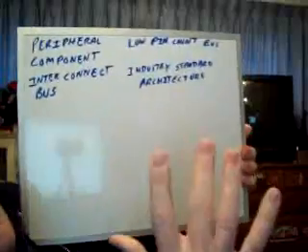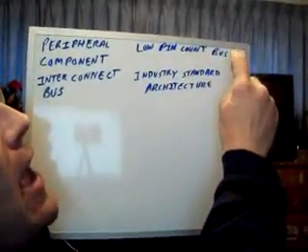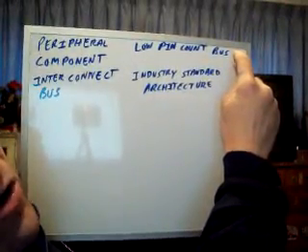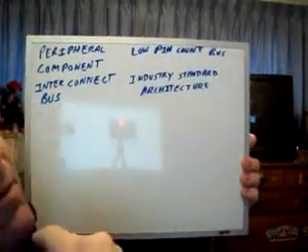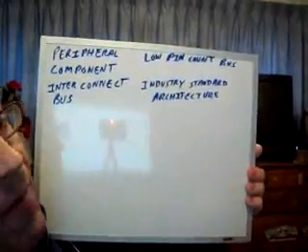Alright, now, the final thing to really remember about all these buses here is which one came first. The low pin count bus is the first one that was ever introduced, and this was for the PS2s. Okay, this was the IBM Personal System 2s that came out.